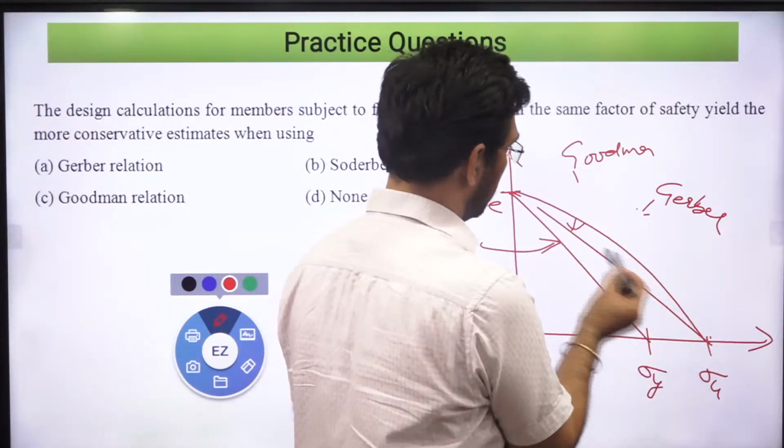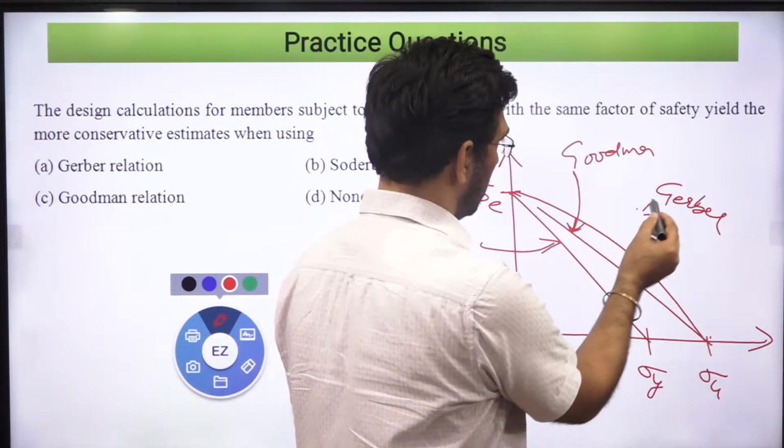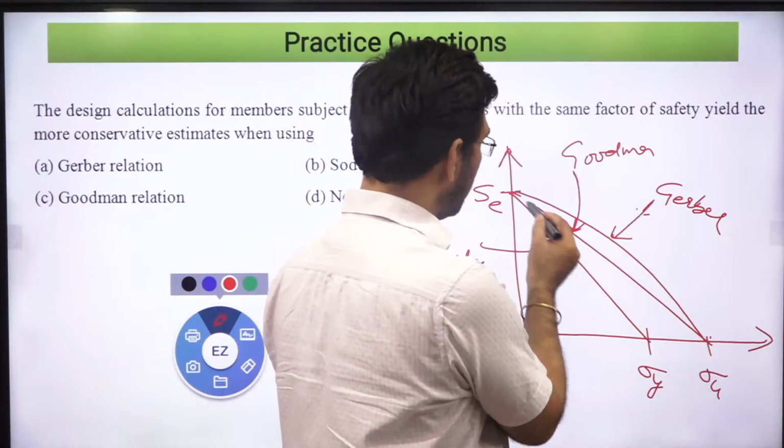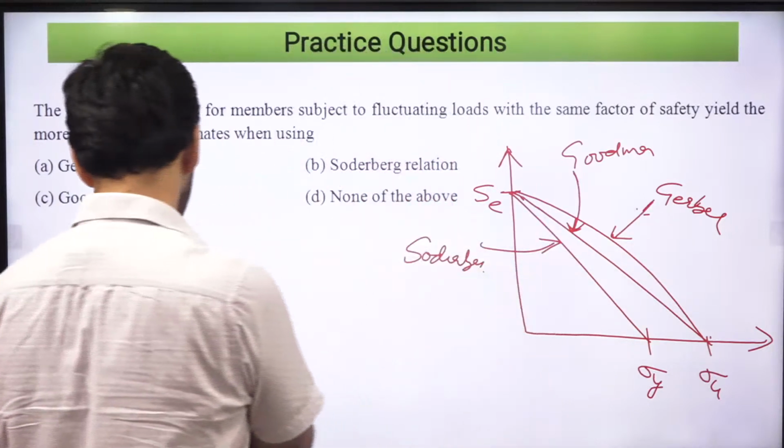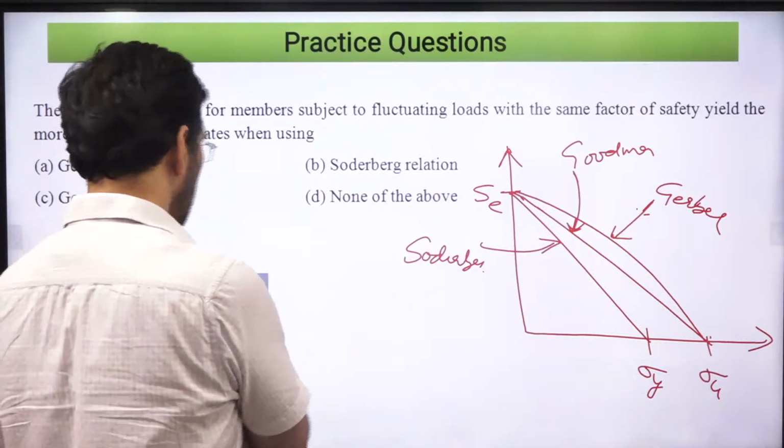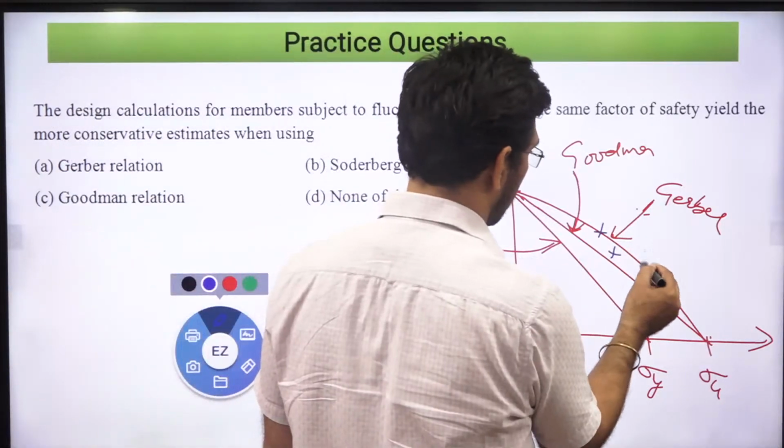It will be something this way, okay? Gerber is this one. So actual failure points are not over here, but actual failure points are something this way.